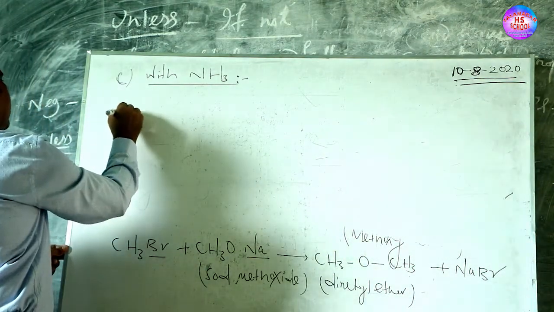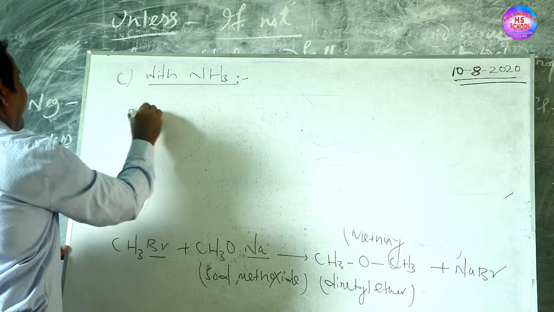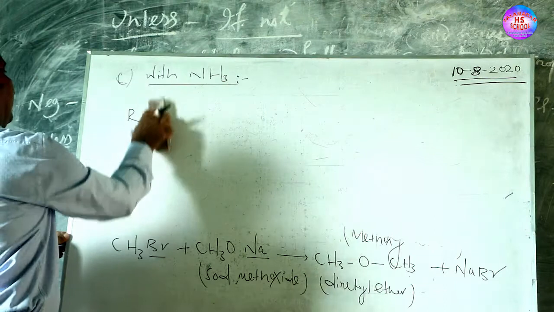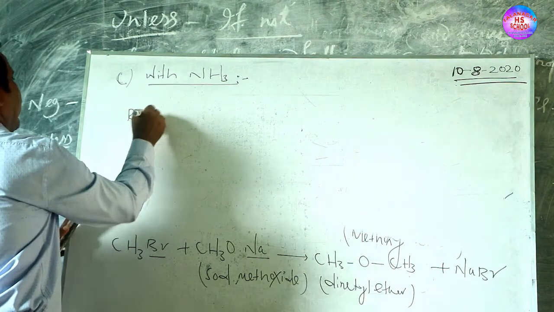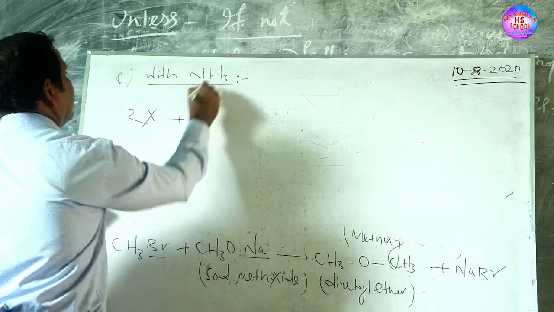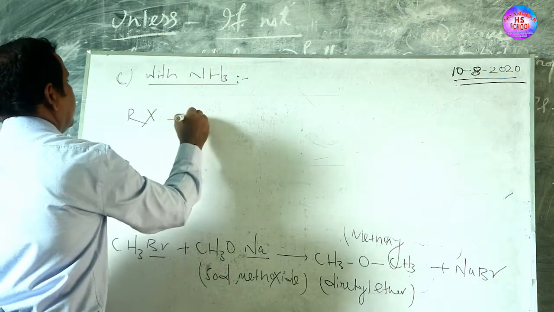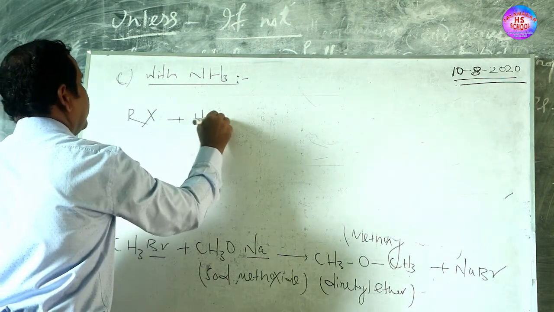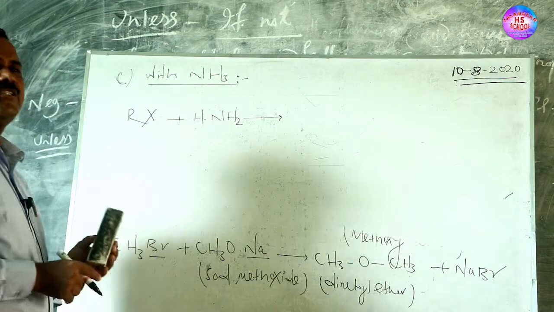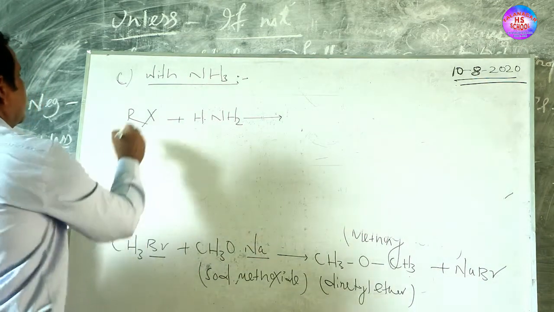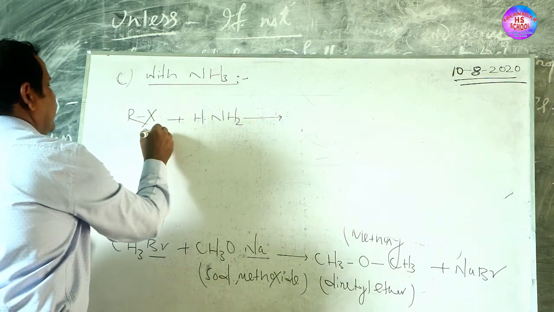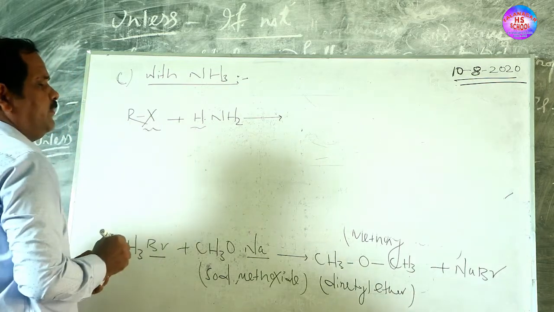Suppose alkyl iodide RI, we may take RX, alkyl halide, combines with ammonia. We may write ammonia NH3 as HNH2. So the RX bond breaks and this halogen atom combines with this hydrogen atom.